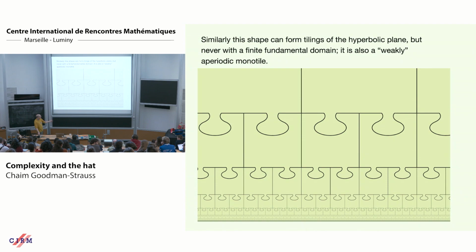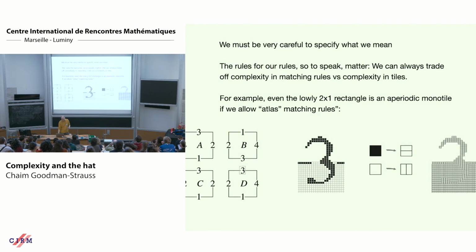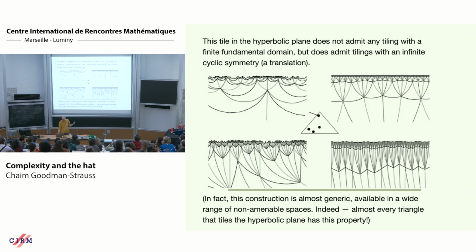Or if you're not comfortable in the model, you could just simply dilate around that point, shrink by a factor of 2 around some point like that. And there's at least one of these. You could construct one where this line goes up forever, and then that would have an infinite cyclic action. And it turns out to be kind of a generic thing.